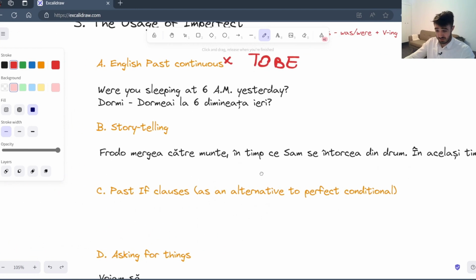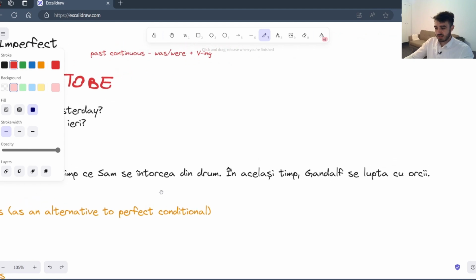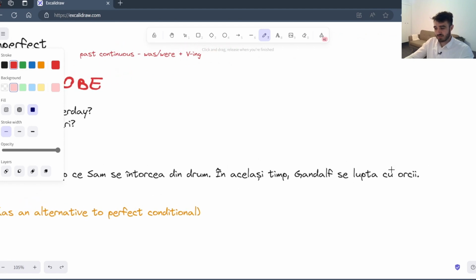So, if you would translate this to English, again, I can give you a moment. Otherwise, Frodo was going towards the mountain while Sam was coming back. Well, basically he was coming back. And at the same time, Gandalf was fighting the orcs.